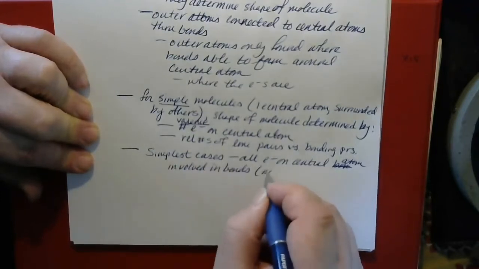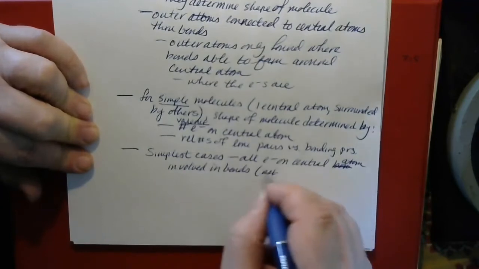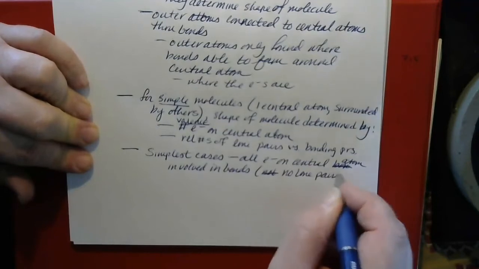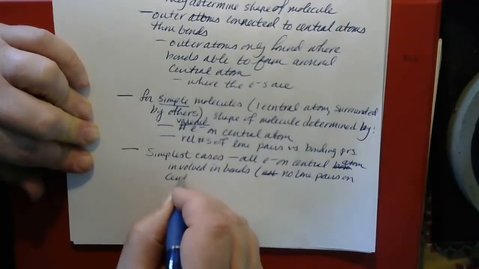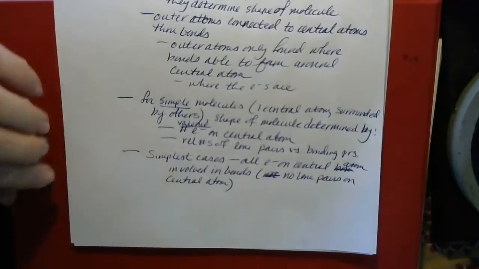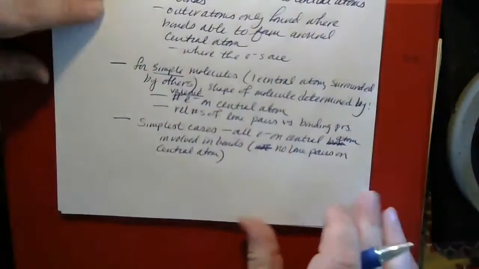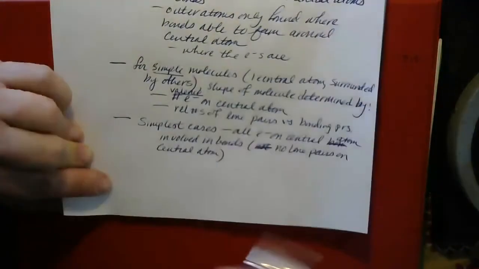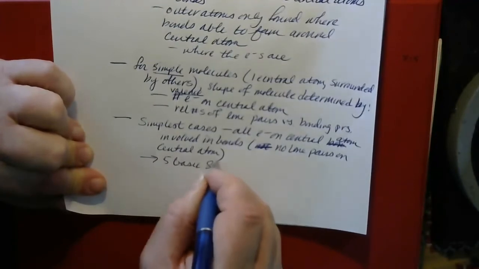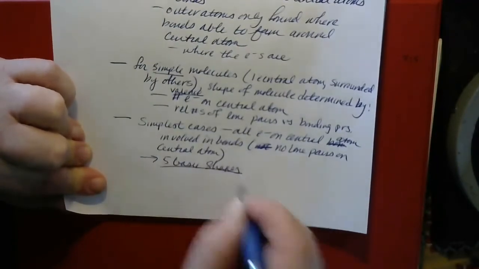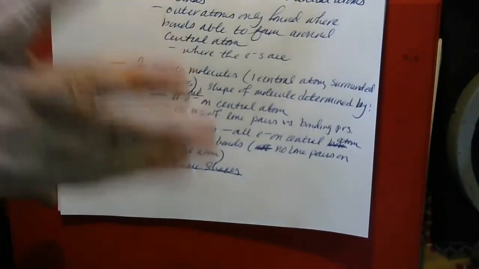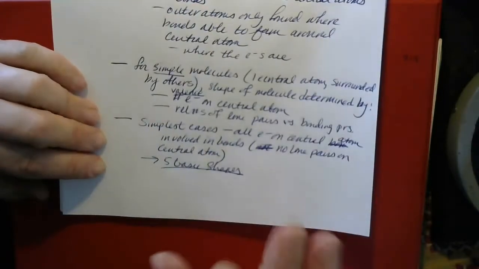Or that's another way of saying no lone pairs on the central atom. And the result of this is the 5 basic shapes. There are actually more than that, but the 5 basic shapes are all we really need to be concerned about in this class.